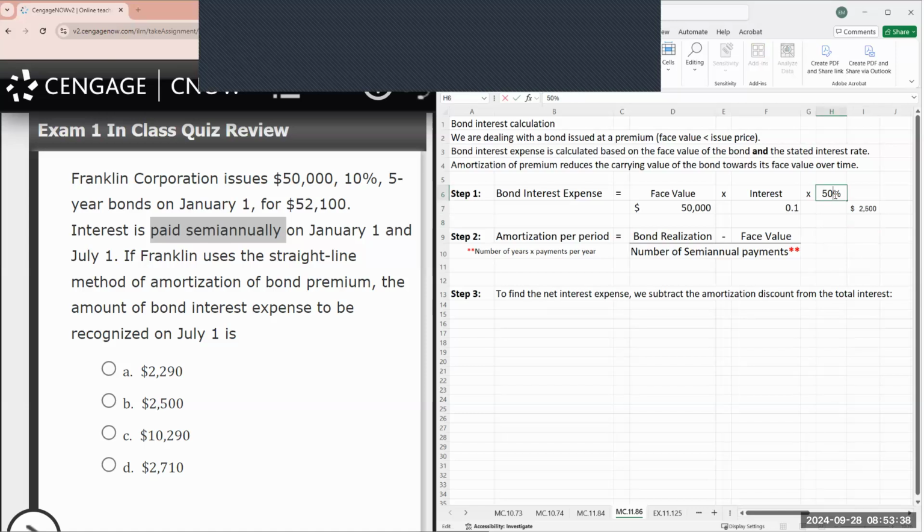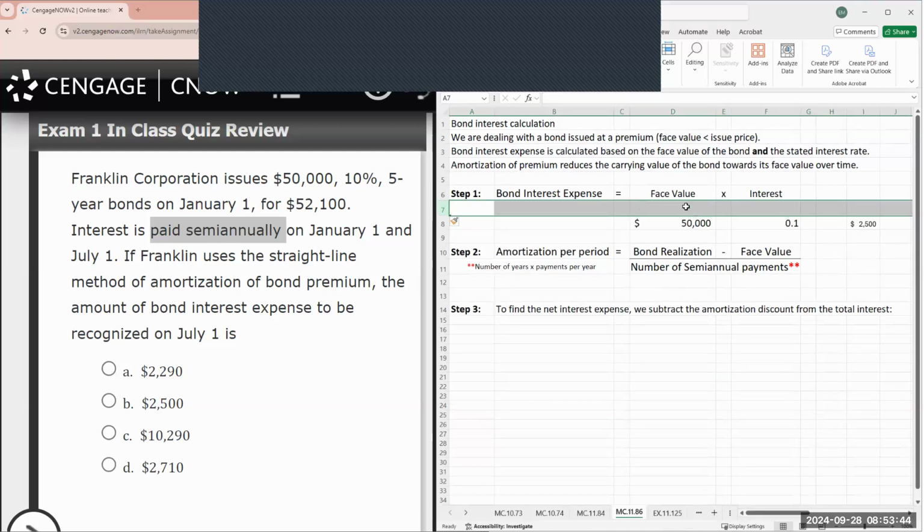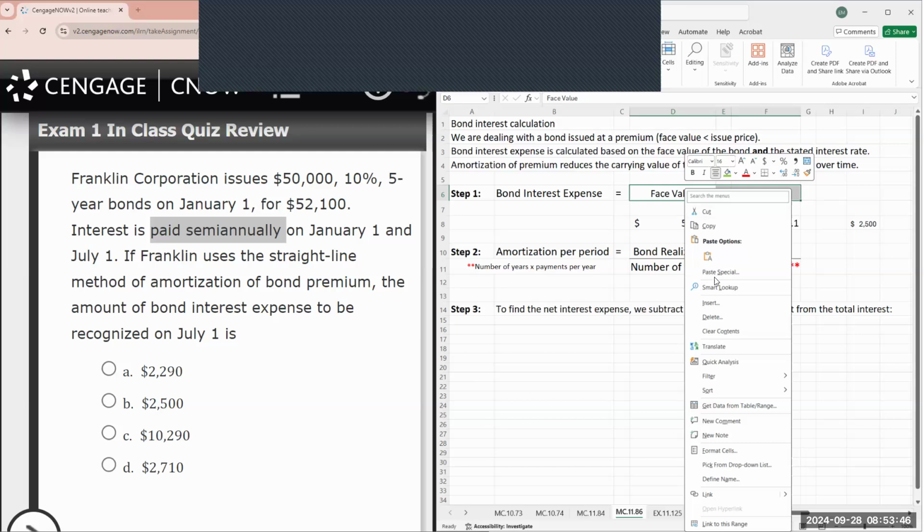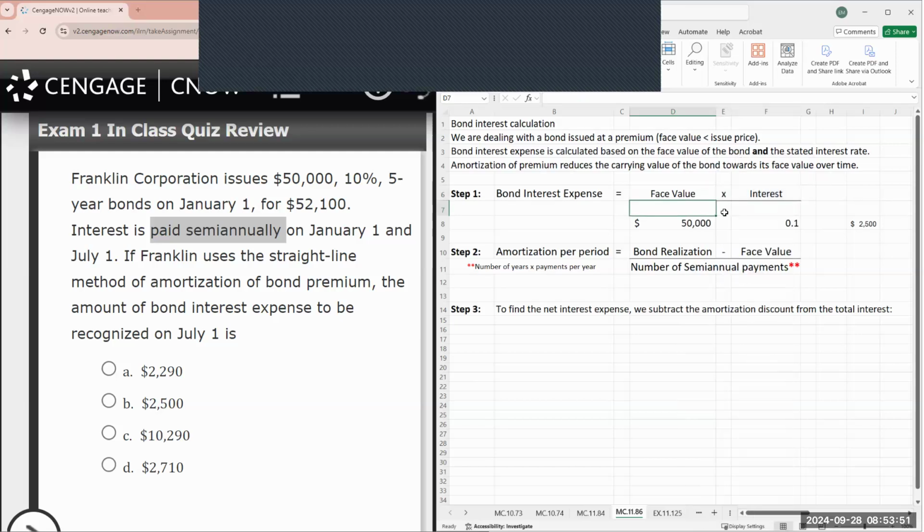We're going to switch this around because I don't want you to get confused. Divided by 2.